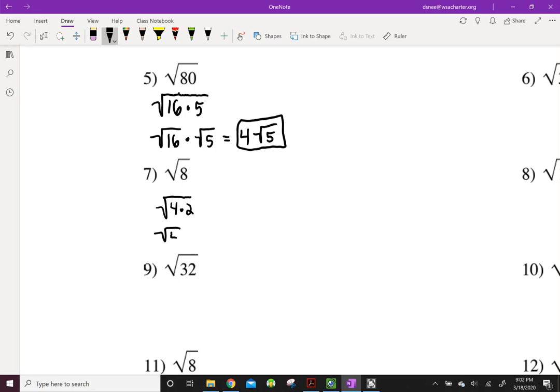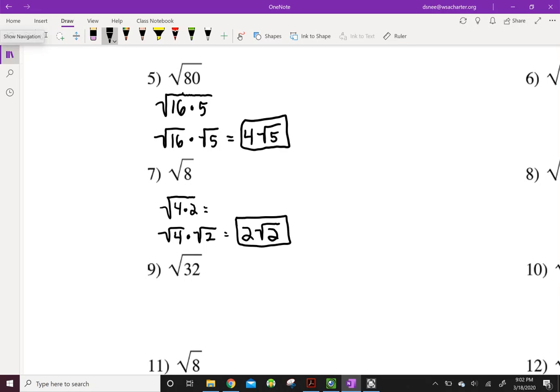And I know that the square root of 4 times the square root of 2 is equal to 2 times the square root of 2, because the square root of 4 is 2. So there's the last one right there. At this point, you should pause the video and continue that page. Finish it up on your own.